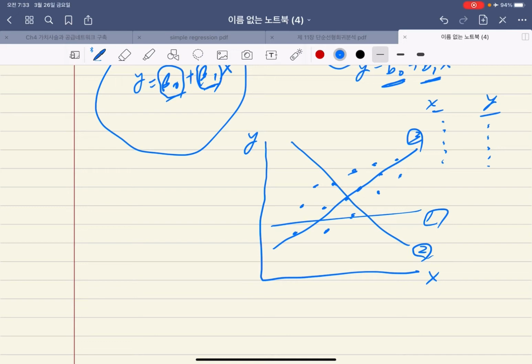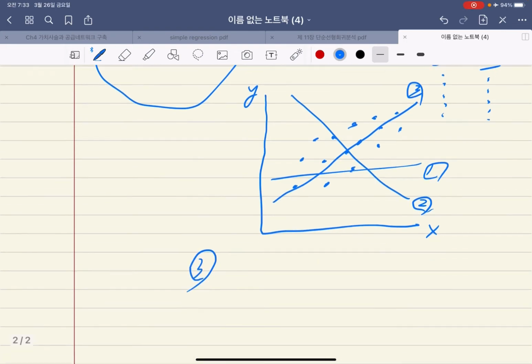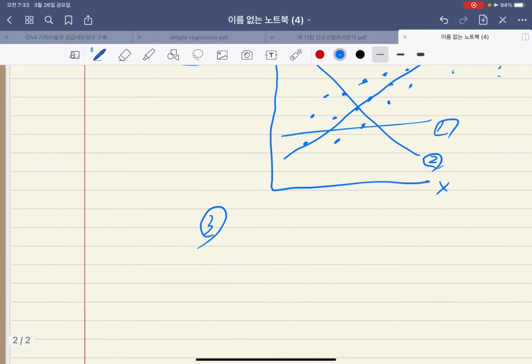Among these lines, which line is the best representative of these data points? You may say that line 3 is the most representative of this relationship. Why is that? So line 3 is the most representative of these data points.